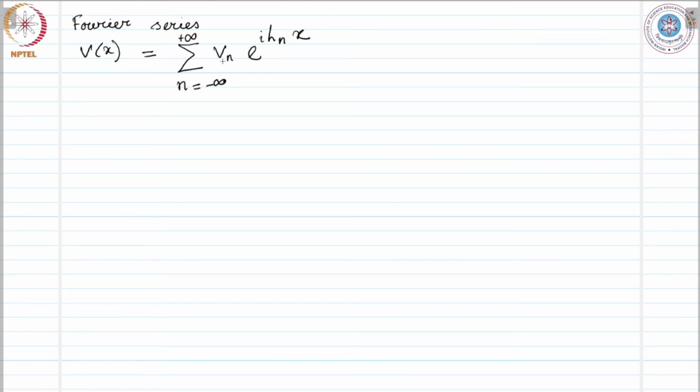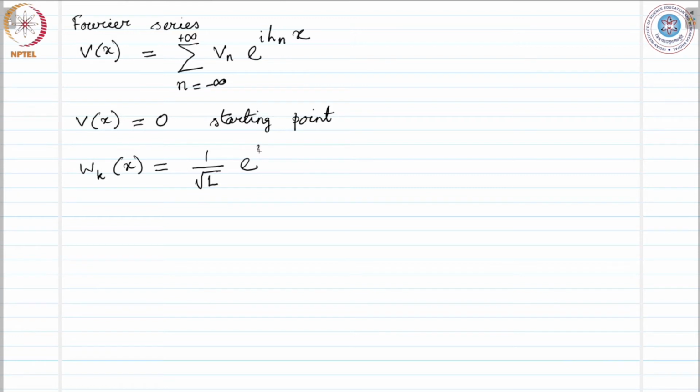Anyway, if we start with no potential, that means a free electron kind of system, if we start with V(x) equals 0, then the wave functions in the Fourier expansion, W_k(x), are just plane waves normalized to an arbitrary length of the lattice, e power i k x.